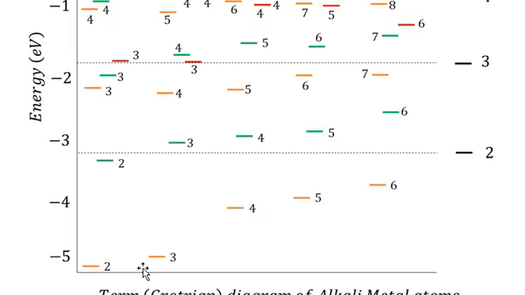L equal to 0 is represented over here, L equal to 1 is represented in green, and L equal to 2 is represented in red with the principal quantum number 3. So when the principal quantum number is 3 for the sodium atom, three states are possible. This is the ground state corresponding to the capital S state, this is the first excited state shown in green corresponding to the P term symbol, and then we have the next higher state with principal quantum number 3, shown in red.